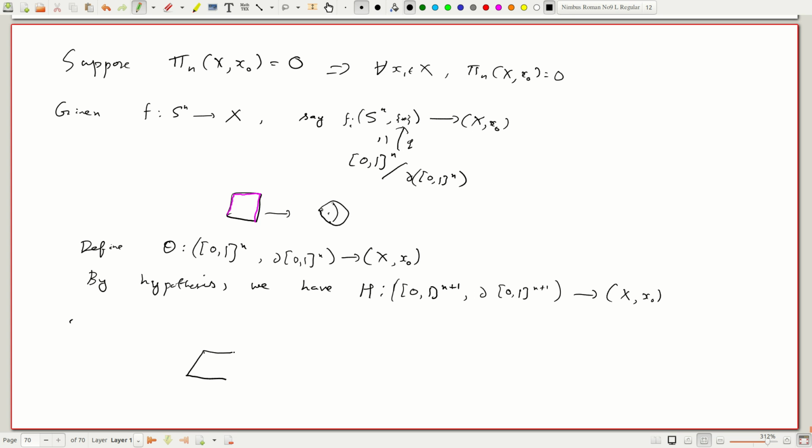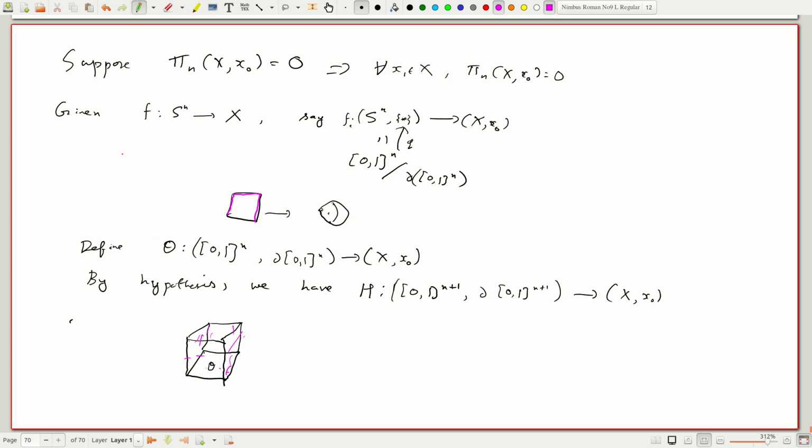So if I take a cube like this, on the base we have the map defined here. This is what we call theta, and we have a map from the sphere that corresponds to this. So now suppose we quotient by the entire front face, back face.